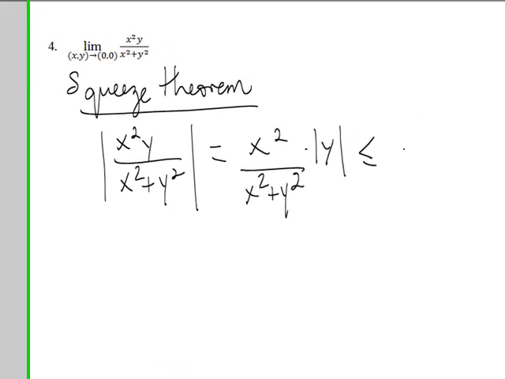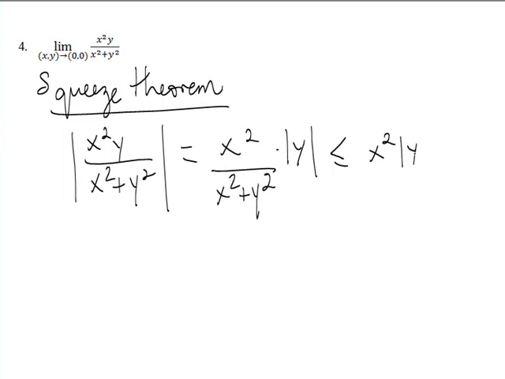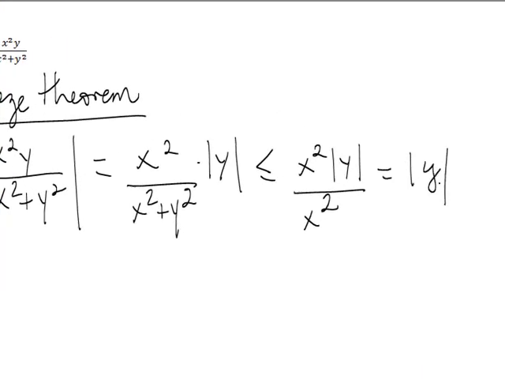This is less than or equal to x squared times absolute value of y over x squared. Why? x squared plus y squared is bigger than this x squared thing, so this fraction is a smaller fraction than that. The x squared cancels out, so that's equal to absolute value of y.